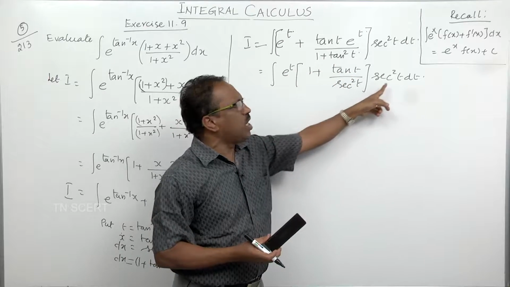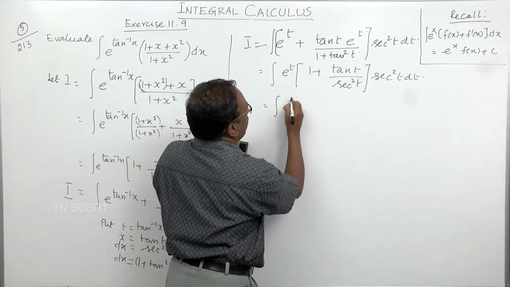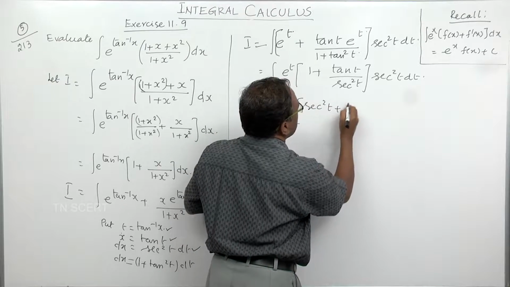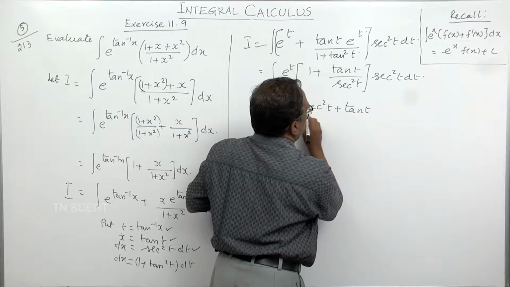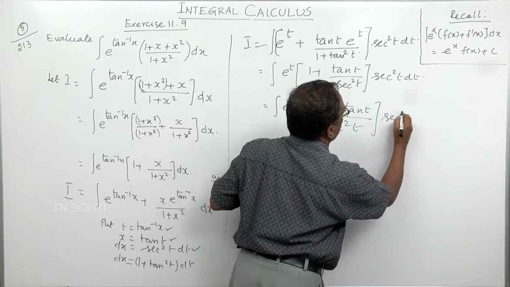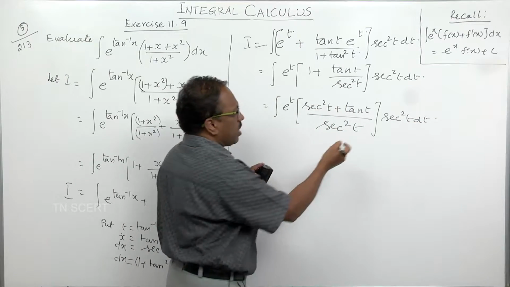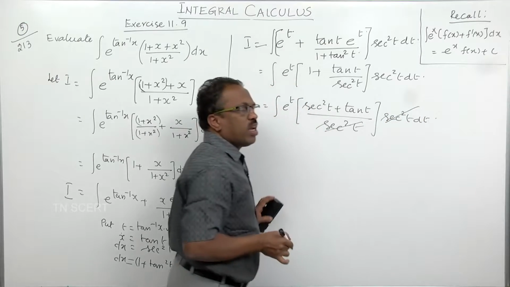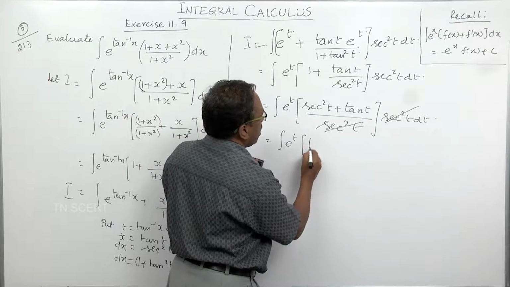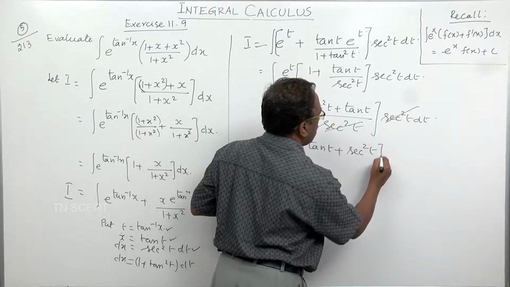Take the LCM: e power t, (secant square t plus tan t), whole divided by secant square t, dt. This secant square t and this secant square t cancel. So what else? E power t, bracket, tan t plus secant square t, dt.